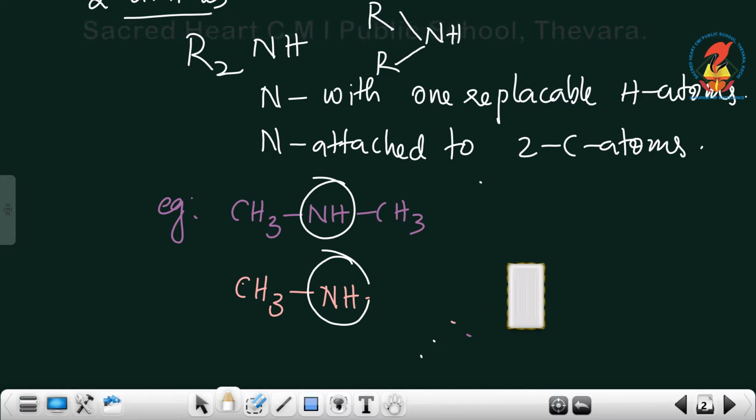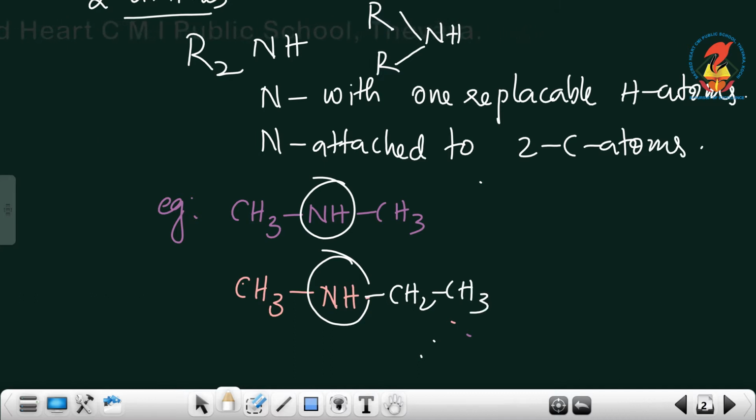No. C2H5, we know that it is CH2CH3. So here nitrogen is attached to only one carbon atom, one carbon here and one carbon here. So nitrogen is attached to two other carbon atoms, so it is a secondary amine.